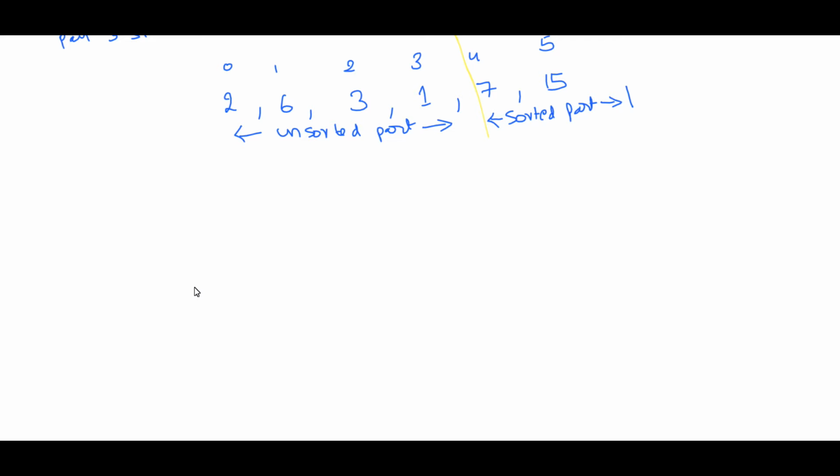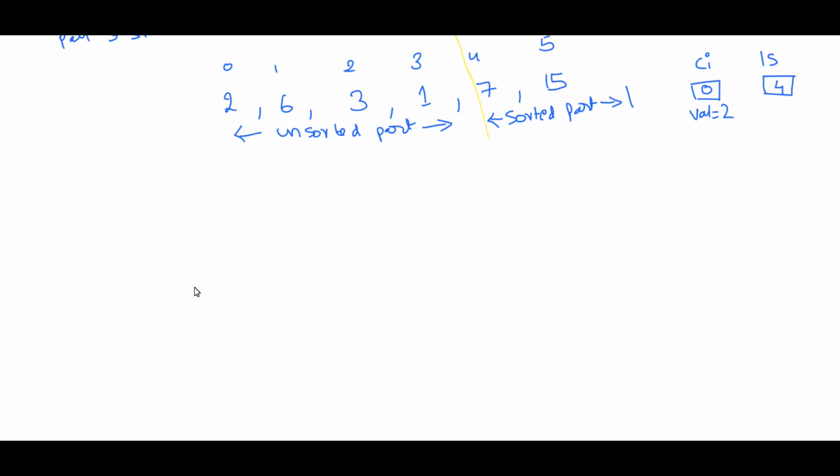Now our CI is obviously reset to 0, value of 2, and we have our LS now pointing to position 4.